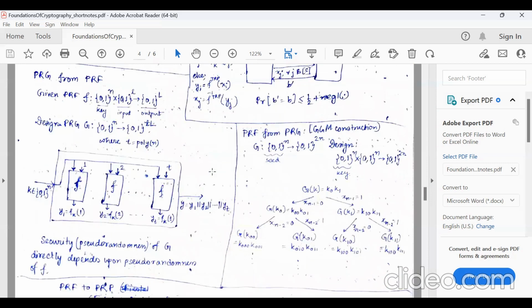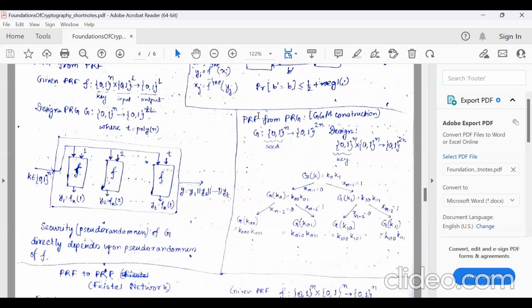Also there is the construction of a PRF from a PRG. Here you use the Goldwasser-Micali construction. This is a tree construction where you make use of a length-doubling PRG, which takes a seed of n-length bit string and outputs a 2n-length bit string.